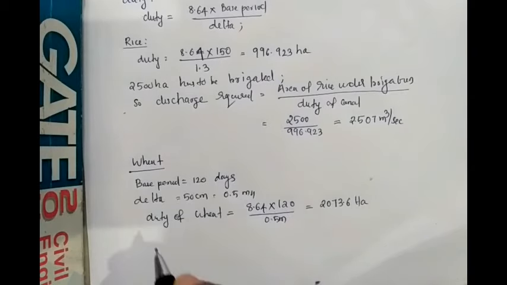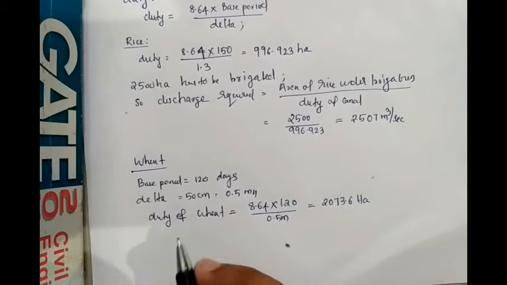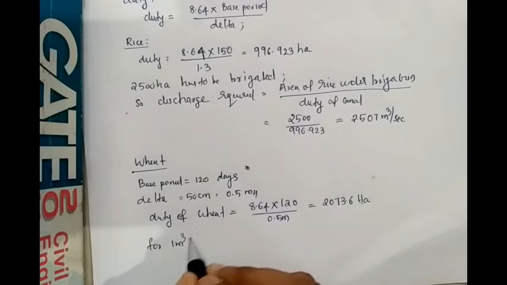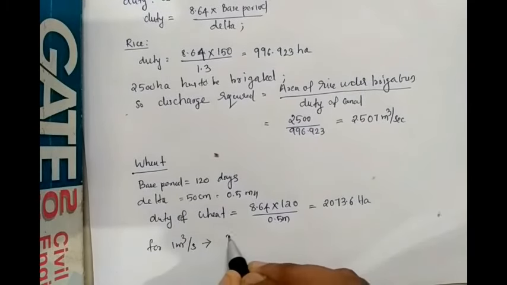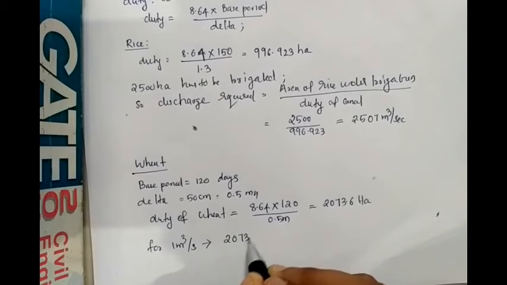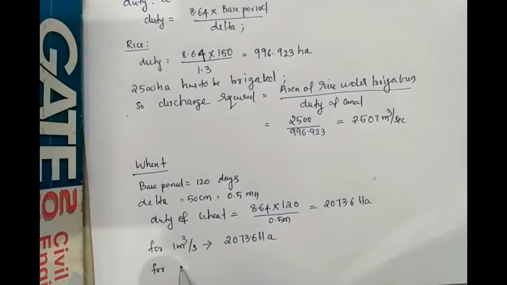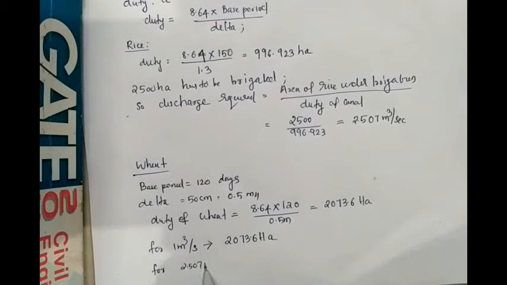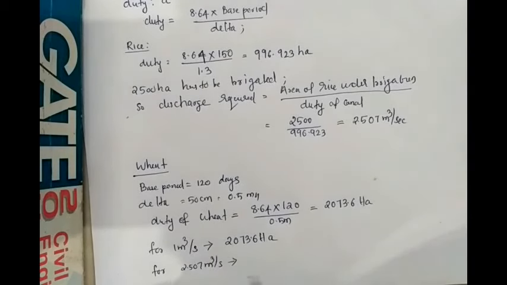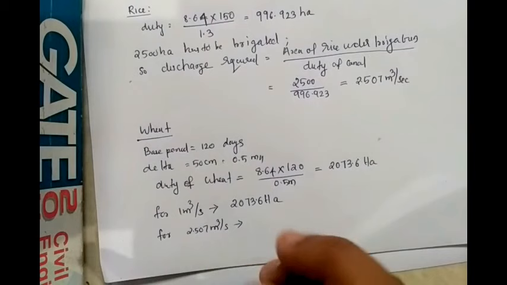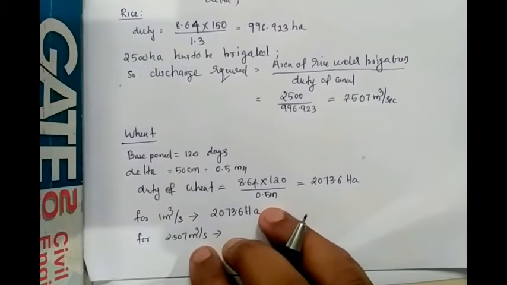So how do we find that wheat area? For 1 meter cube per second you get 2073.6 hectares irrigated. So for 2.507 meter cube per second, what will be the value?